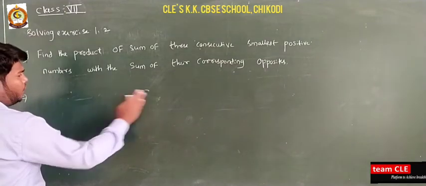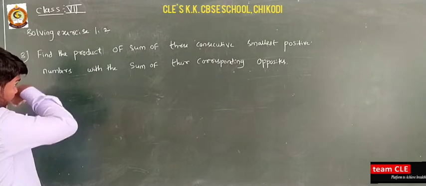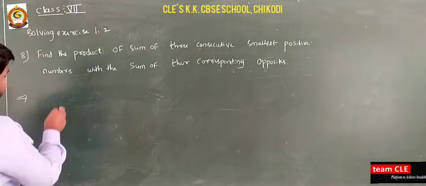So see here what you have to do. How to construct an equation: the product of the sum of 3 consecutive integers.